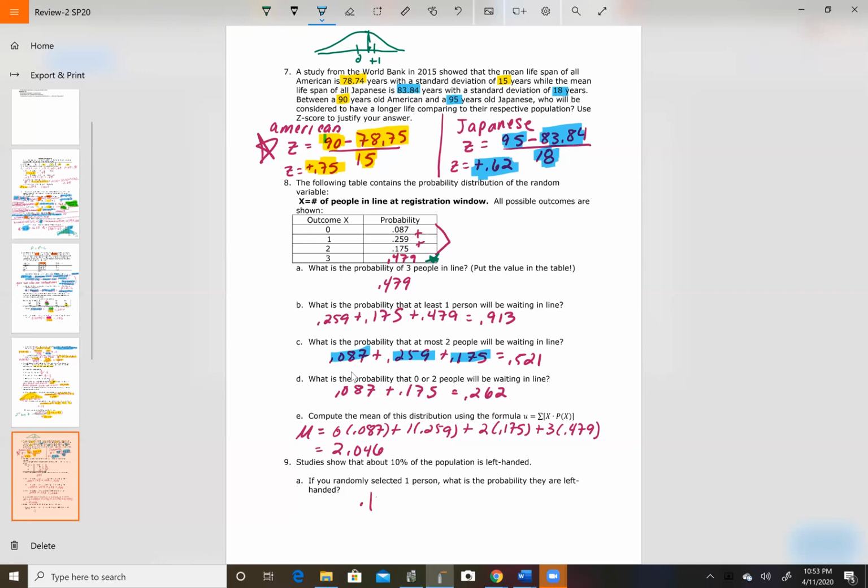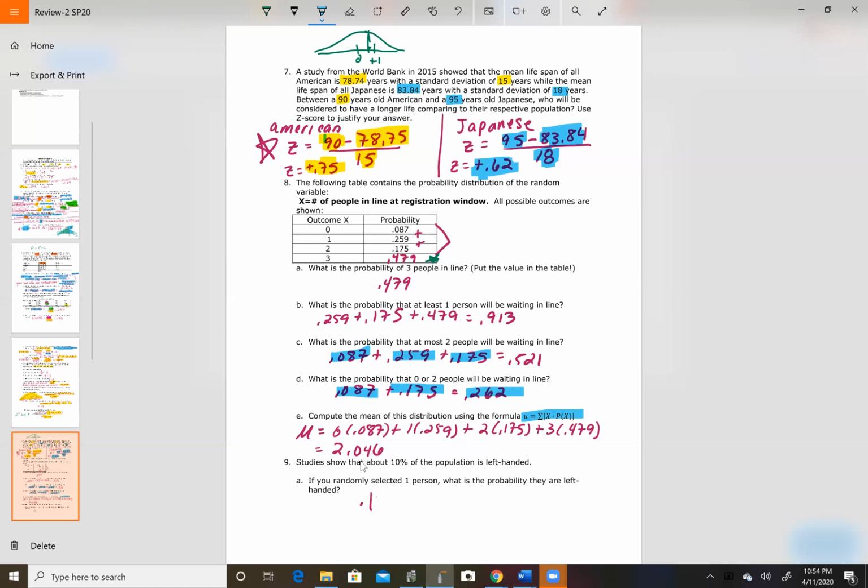What is the probability that 0 or 2 people are waiting? I just add the probability of 0 plus the probability of 2 to get approximately 26.2%. Then compute the mean of this distribution using the expected value formula that we have been using. You can follow it along, or you could put those 2 columns into your calculator and do it just like we did before.